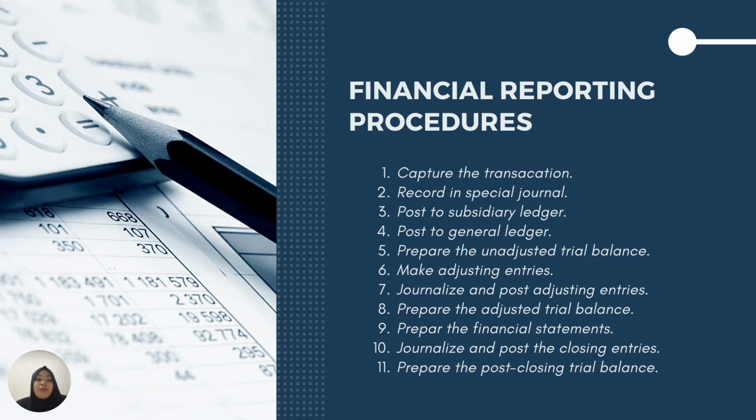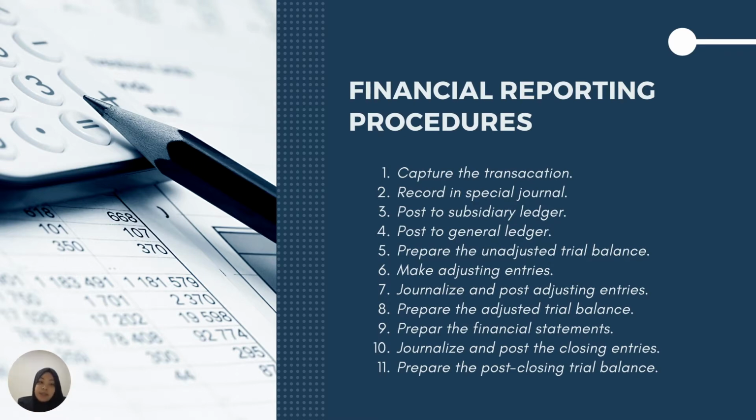The frequency of updates to the general ledger will be determined by the degree of system integration. Fifth, prepare the unadjusted trial balance. At the end of the accounting period, the ending balance of each account in the GL is placed in a worksheet and evaluated in total for debit-credit equality.